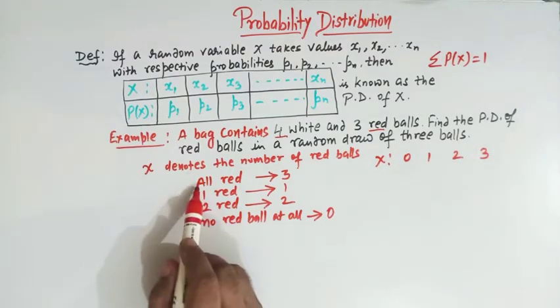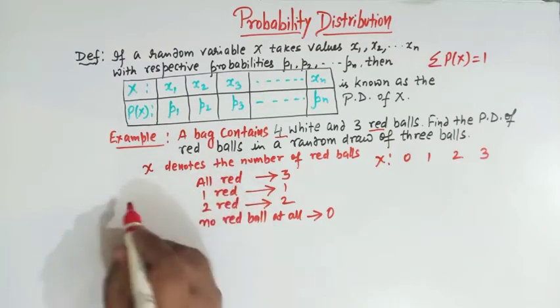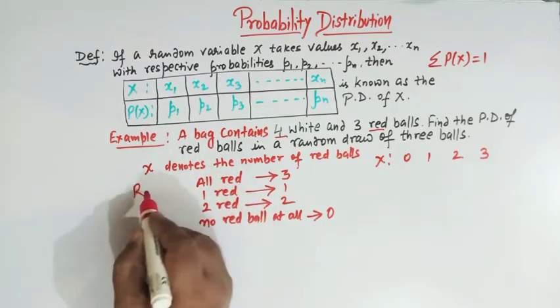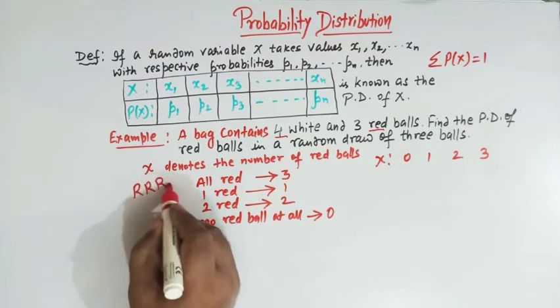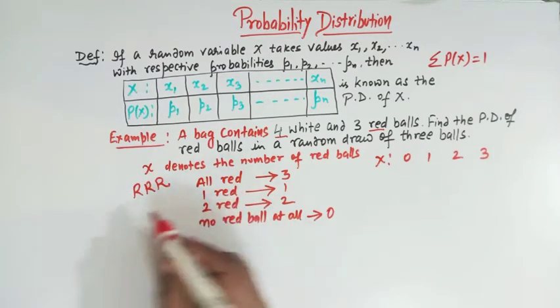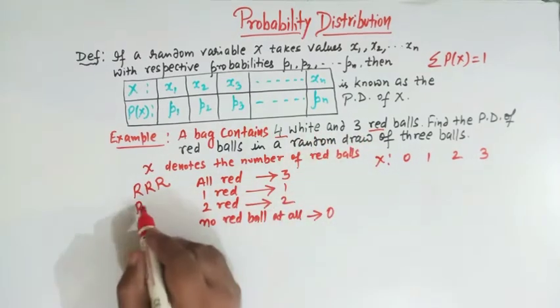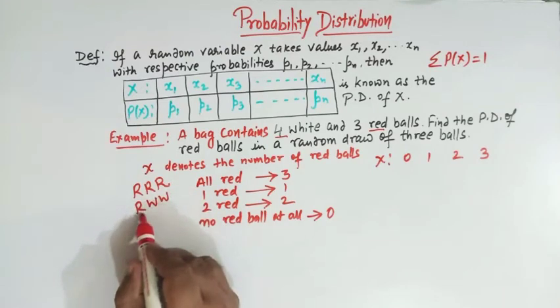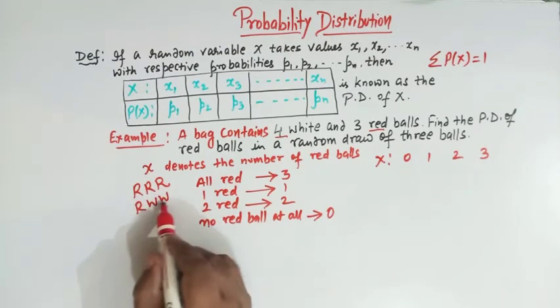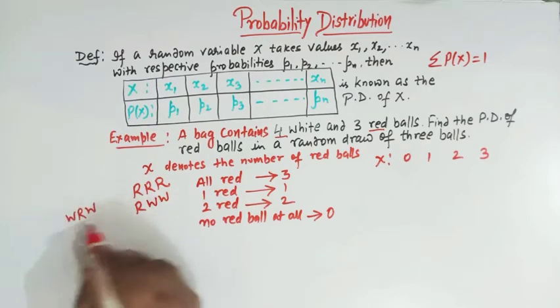When we have all red balls, we'll have the event like R, R and R, right? And when we have one red ball, we may have R and two white balls, and we can also arrange this event like W, R, W and so on.